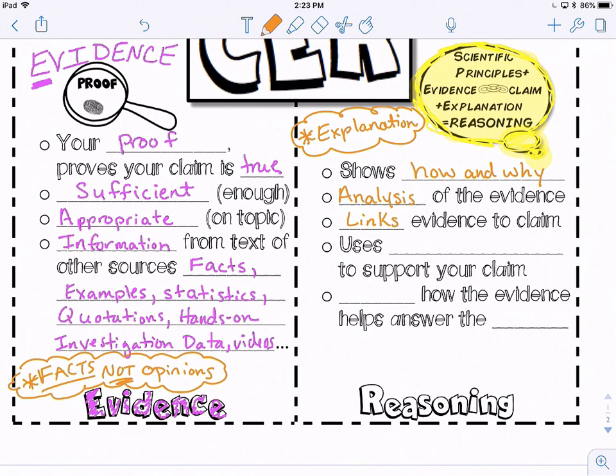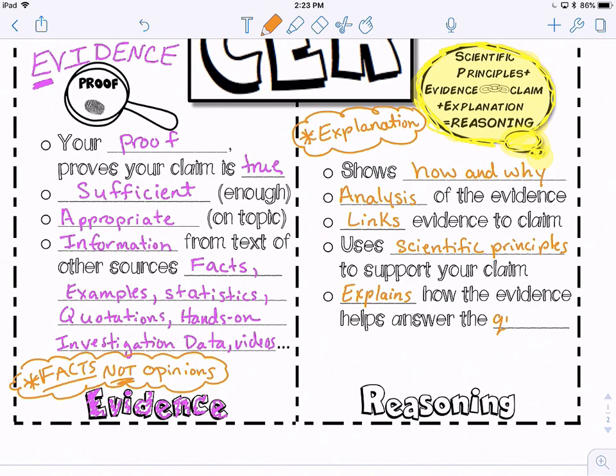It uses scientific principles to support your claim. Most importantly, it has to explain how the evidence helps answer the question. Think of it this way. Essentially, this is your justification. Your because.